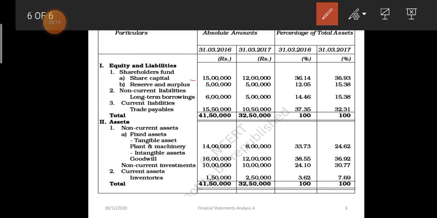Now see, 15 lakh divided by 41 lakh 50,000 into 100 is 36%. Similarly, 5 lakh divided by 41 lakh 50,000 into 100 is 12.05%. 6 lakh divided by 41 lakh 50,000 into 100 is 14%.